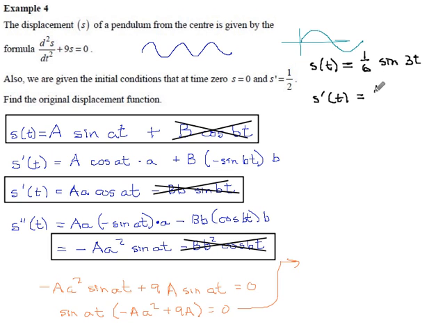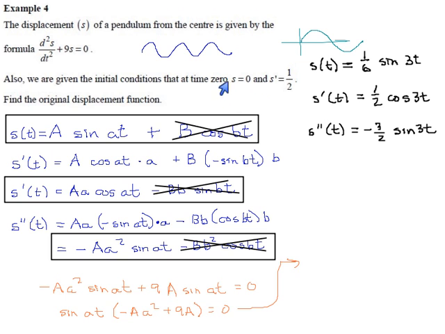So 3 out of 6, that's 1/2 cosine 3t. And its second derivative would be, from cosine we're going to get negative sine, and then another 3 is going to pop out. So it's going to be minus 3 over 2 sine 3t.